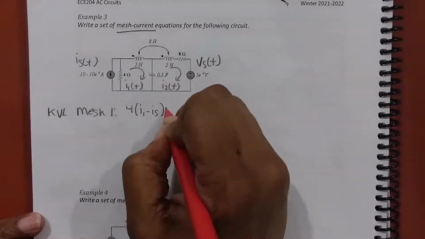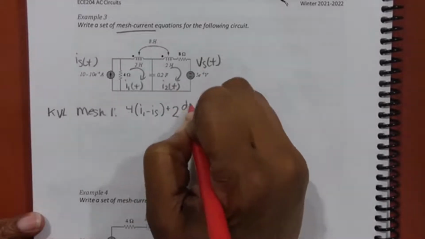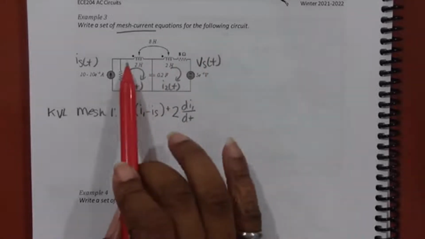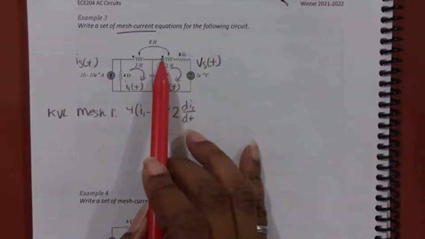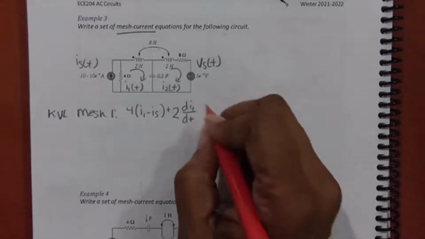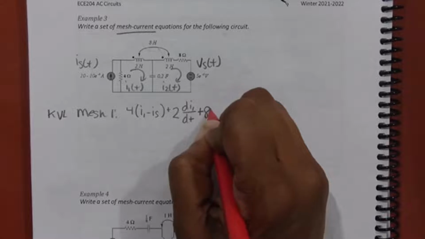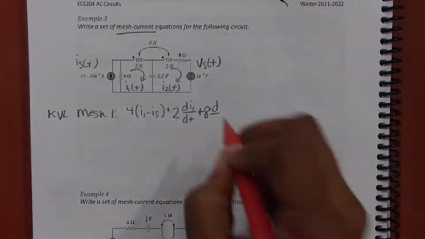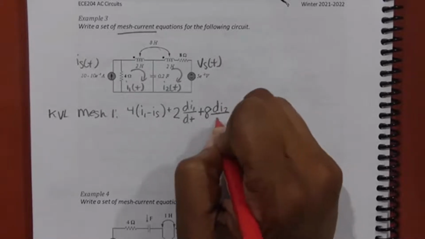The self-induced voltage for the 2 Henry inductor is 2 di1/dt. The mutually induced voltage from the other 2 Henry inductor, current enters at both inductors, so it's going to be positive at the dot, and it's going to be 8 Henry, so the mutually induced voltage is going to be 8 d what? di2/dt.